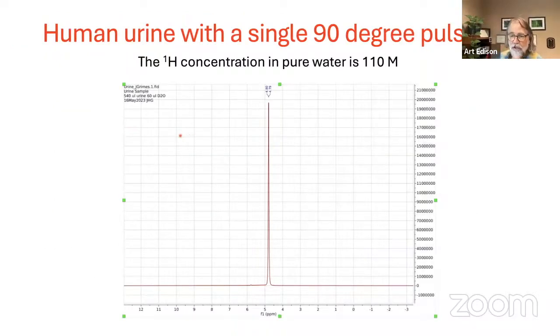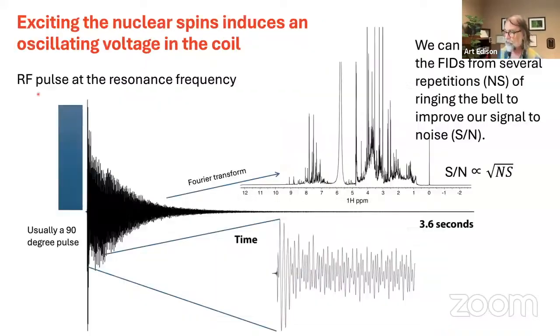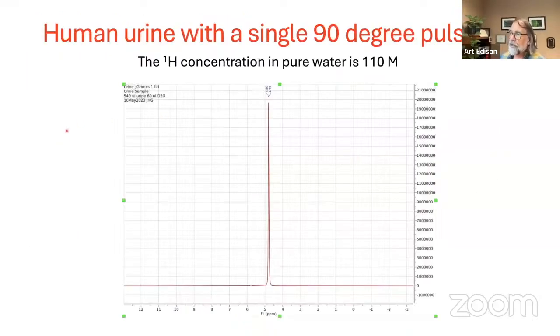First of all, here are just a few more spectra that I'll end with. This is human urine put into, I think, a 600 megahertz spectrometer, and this is the signal that you record. I've been showing you up to now this spectrum, which is very complicated. But if you just put human urine into a spectrometer, this is what you get. The reason is that the proton concentration of pure water is 110 molar.